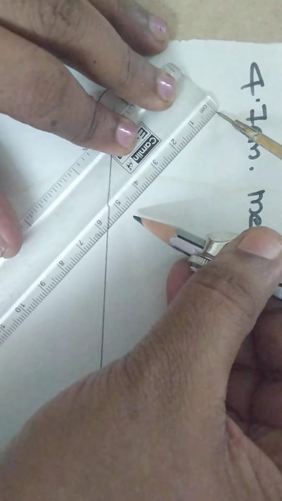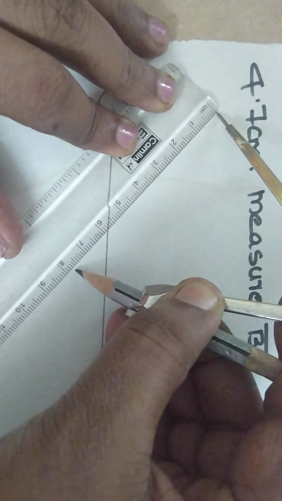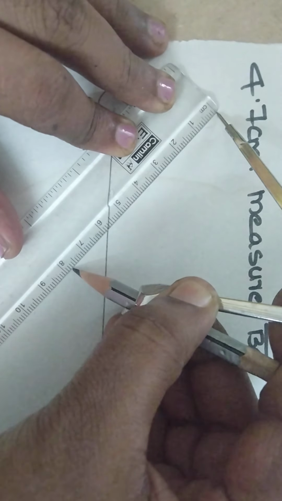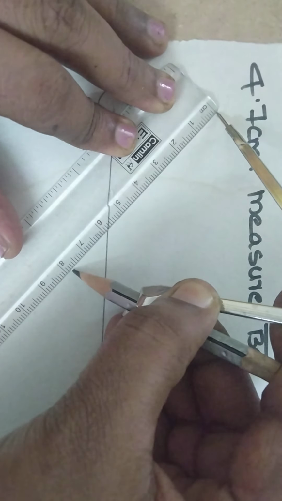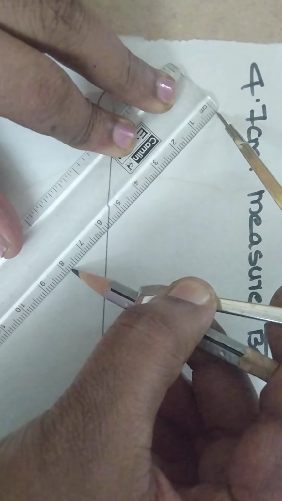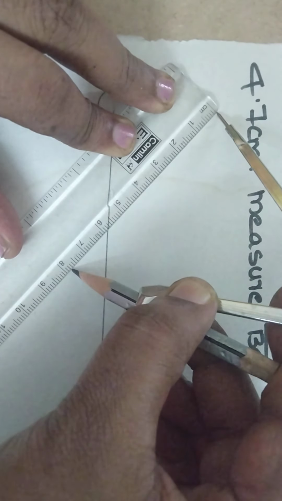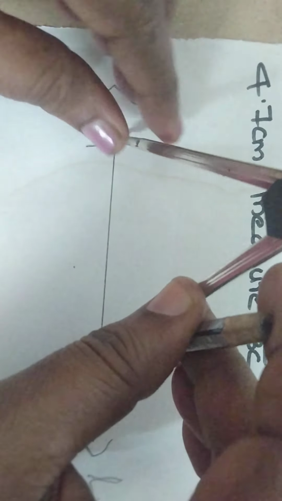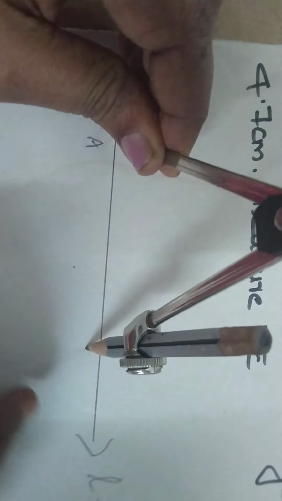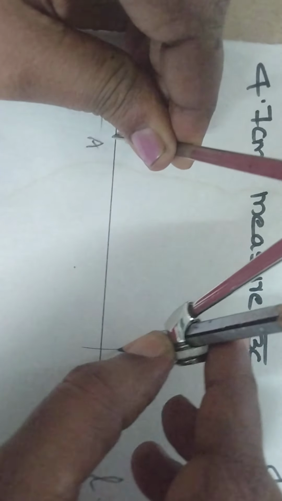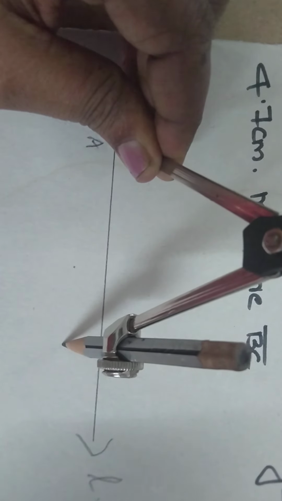So use scale and compass, 0 to 7.8. 7.8 is between 7 and 8, the eighth small line represents 7.8. Keep the compass sharp end on A and draw a 7.8 centimeter arc on that line L.